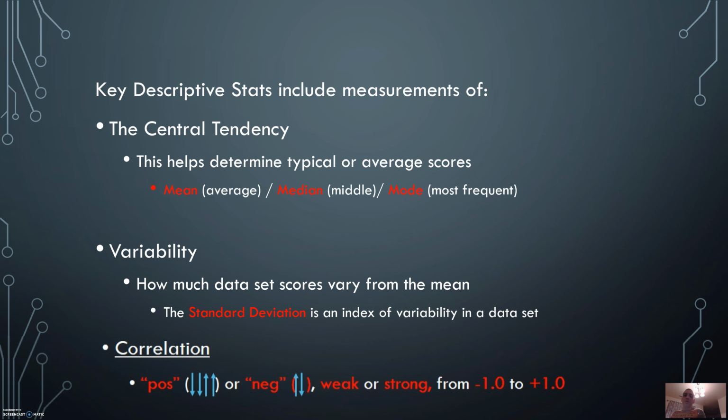And it can be thought of as either weak or strong. Weak meaning closer to 0, and strong meaning closer to 1 or -1, depending on if your relationship is positive or negative.